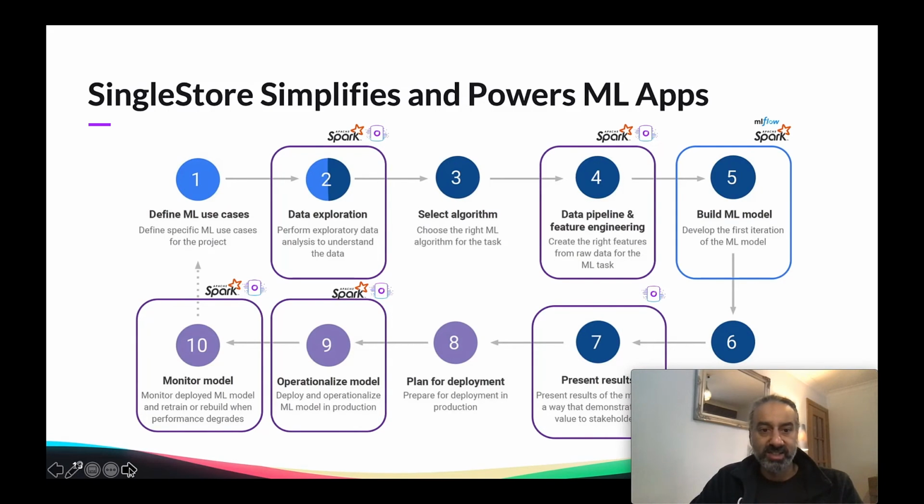This is the same diagram I shared earlier. I've outlined the places with these purple outlines where SingleStore as a database is and can be used, and is used to add value in terms of speed of execution, high performance at lower cost of execution.